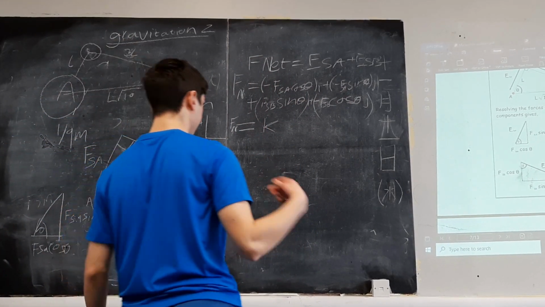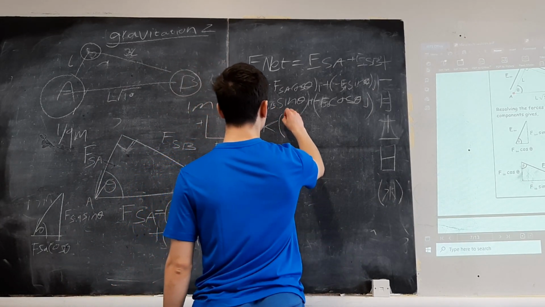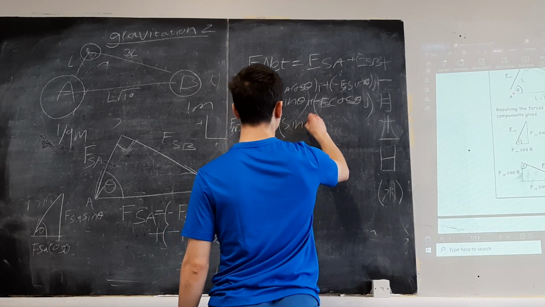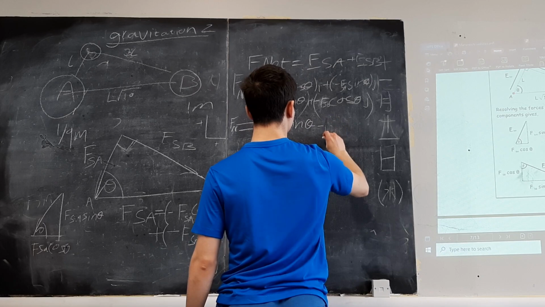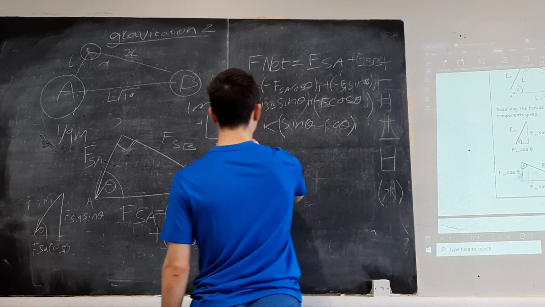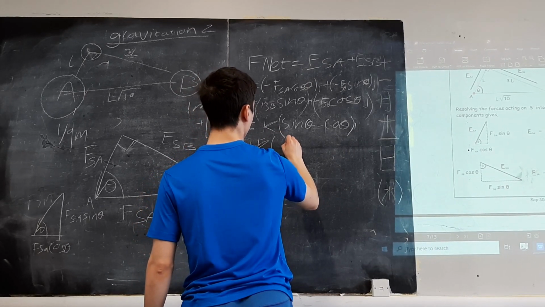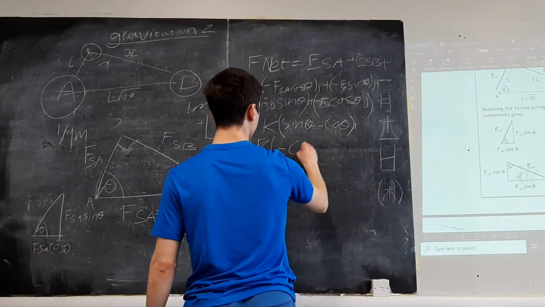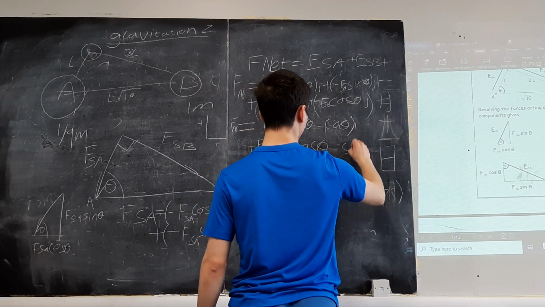So sine theta i minus cos theta j, plus k. These are both vectors. Cos theta i minus sine theta j.